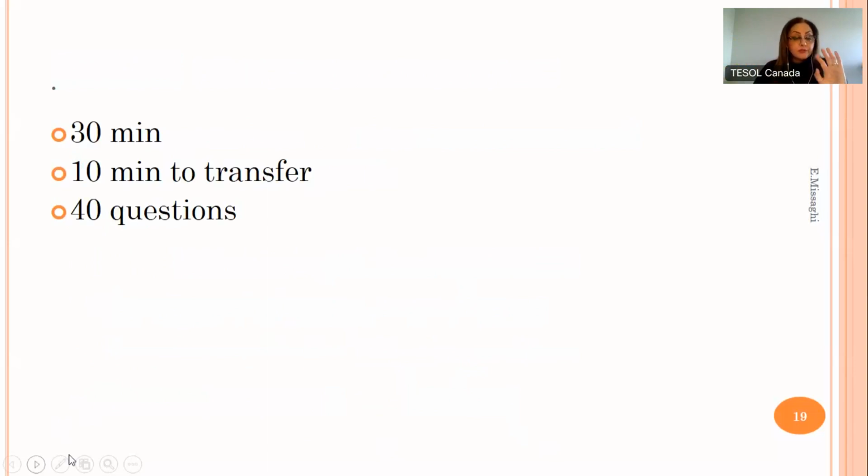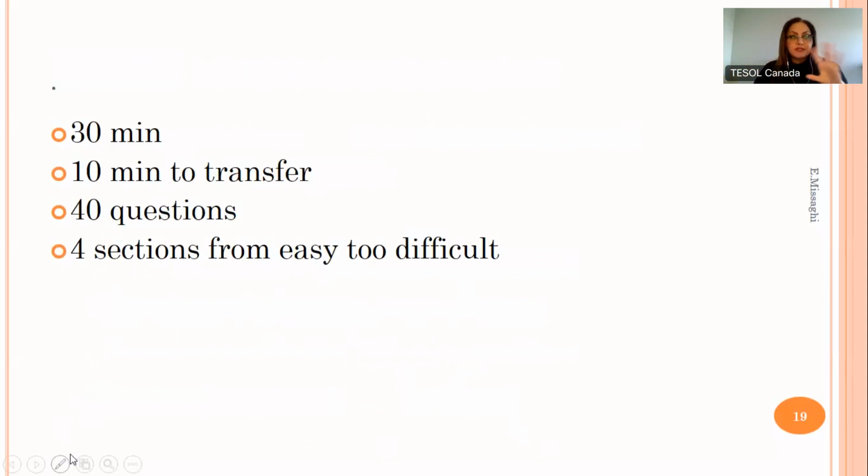Then in written form, because in IELTS there is a computer form and a written form of the exam. In written form, you have to listen for 30 minutes. Then you have 10 minutes to transfer all the answers from the booklet onto answer sheets. And there are 40 questions, 10 for each part, because there are 4 parts.